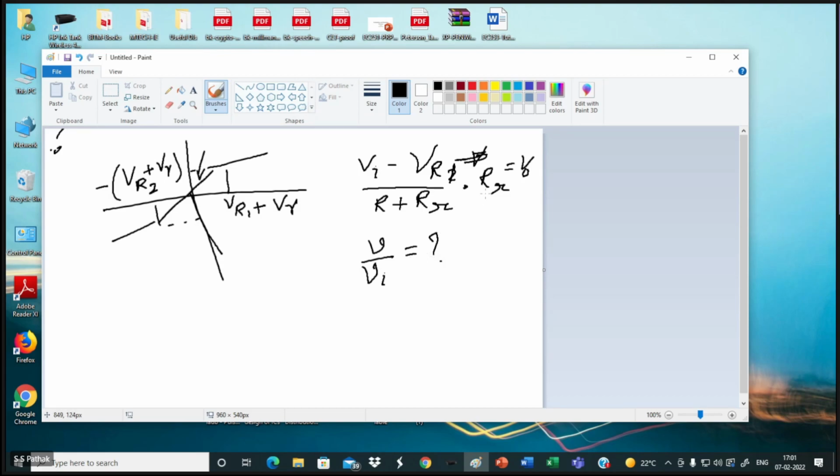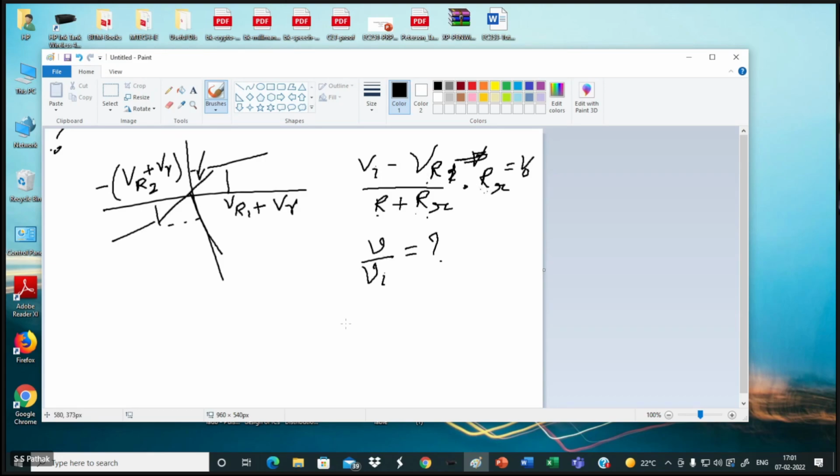If the diode is ideal, RR becomes infinite. So this becomes equal to RR divided by RR, because R becomes very small compared to the reverse bias resistance, and you are left with V naught equal to VI. VR1 will not appear because RR becomes infinite. So it is something like that.